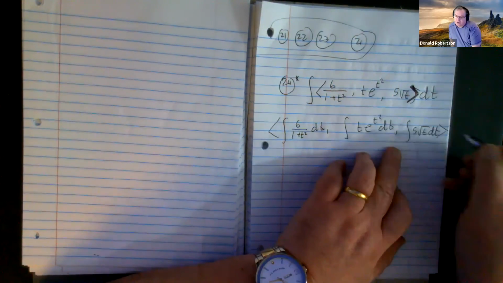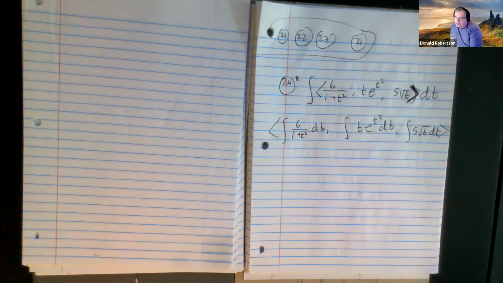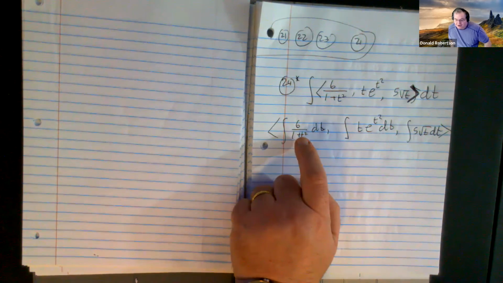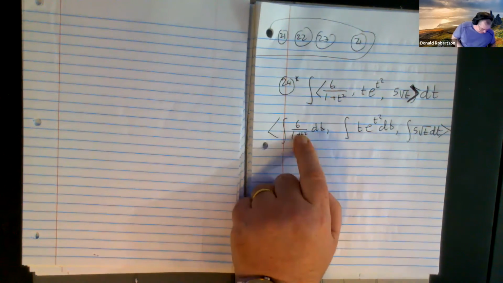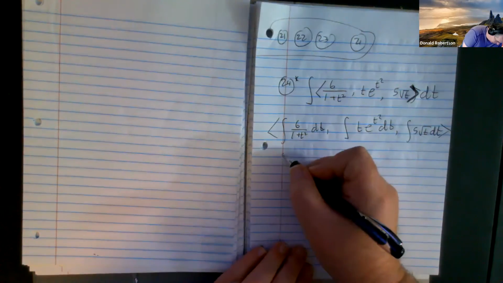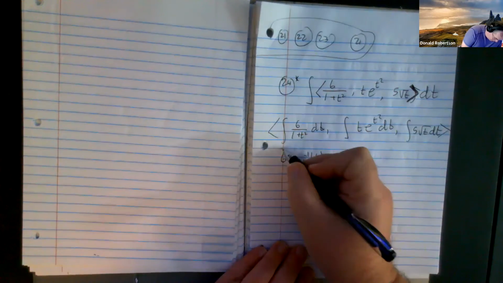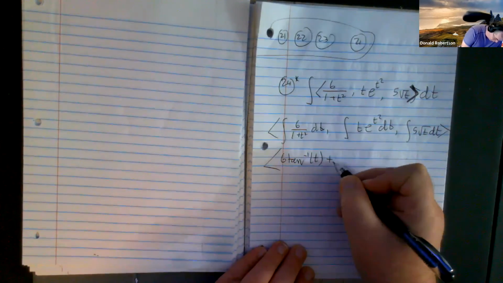Would you agree that makes sense based on what you do when you differentiate? Can you integrate a space curve? Right. You're going to get the really quick version of this. That guy is 6 inverse tans of t plus an unknown constant, which I'm going to call C1.